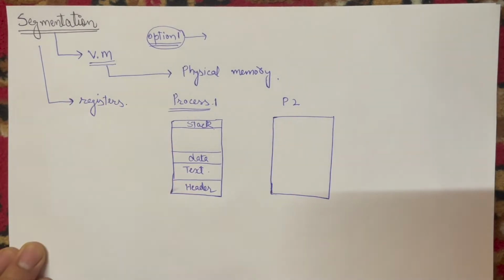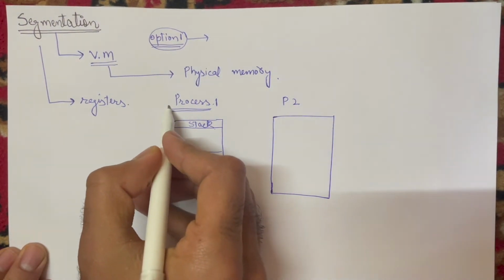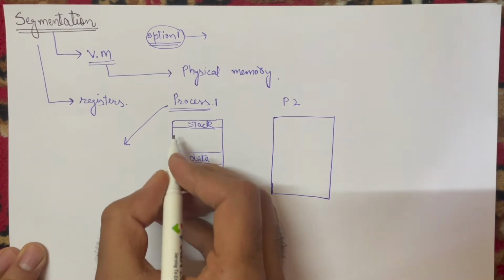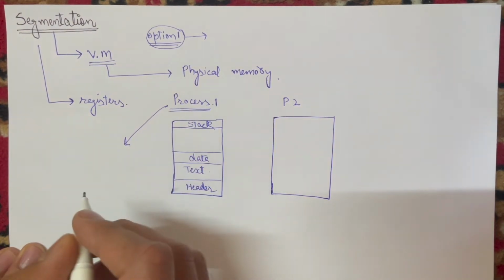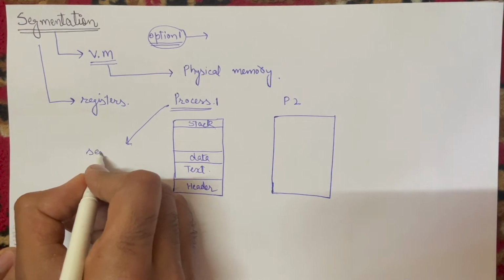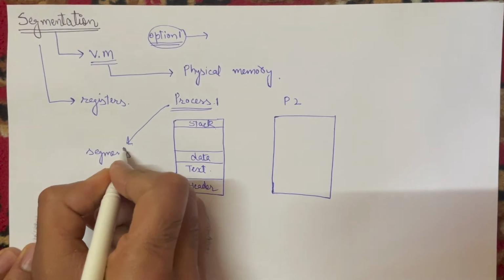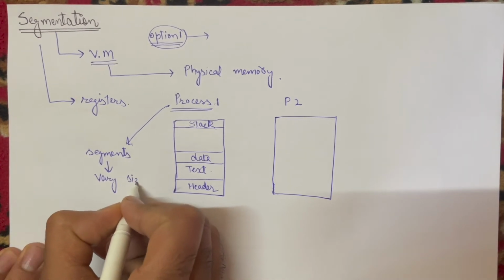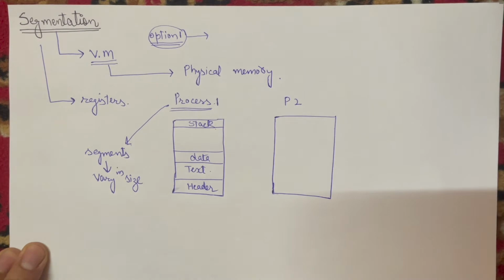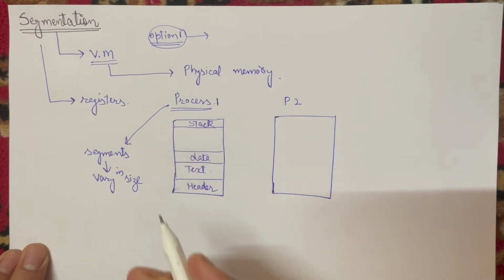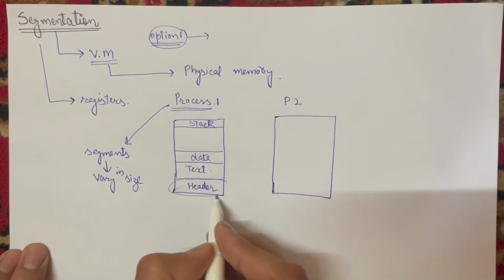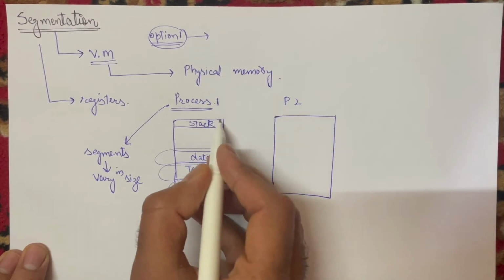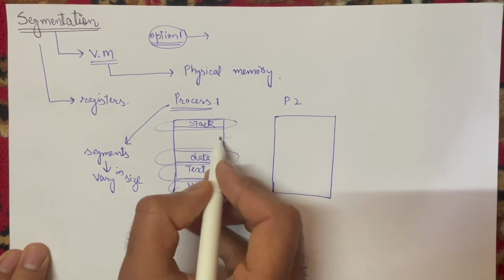What segmentation says is that for every process, divide the process's virtual address space, also called the logical address space, into segments, and these segments may vary in size. For example, I will divide this process into segments: the header segment is one segment, the text segment is another, the data segment is another, the stack segment is another, and the heap segment is another.